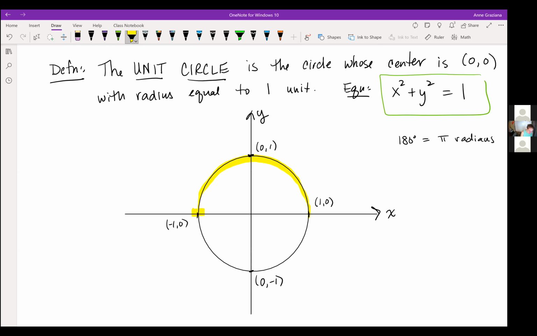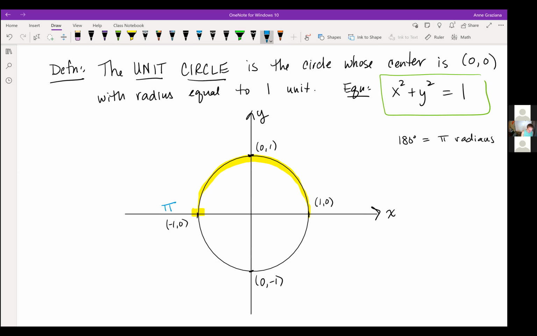So our first measurement on the unit circle is that this is pi radians. We don't usually write radians, because like degrees, you have that nice little circle. Radians is a word and it's going to muck up my picture. So that's pi radians.